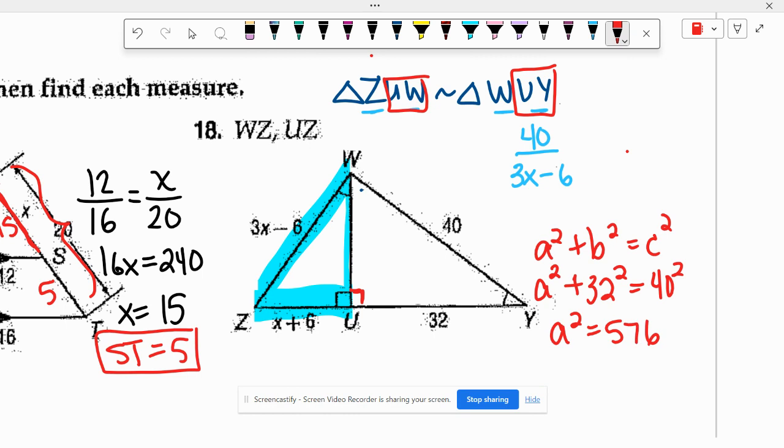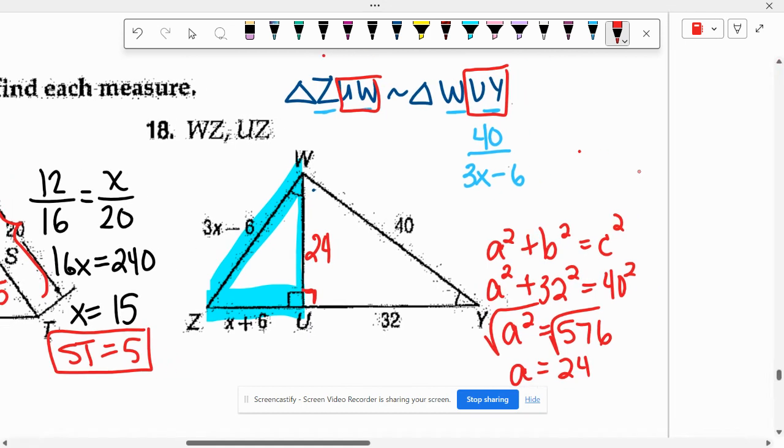What is the square root of 576? Yeah. So this side is 24. All right. So I know that UY is 32 compared to UW, which is 24. So that's the proportion I'm going to set up for this one.